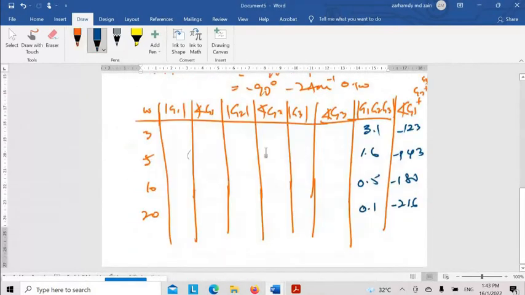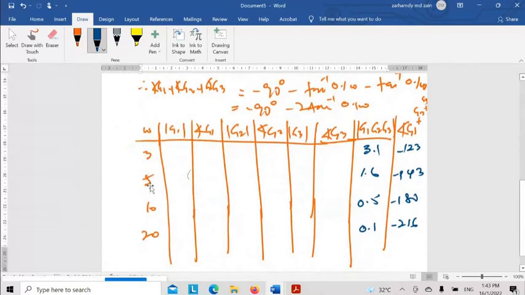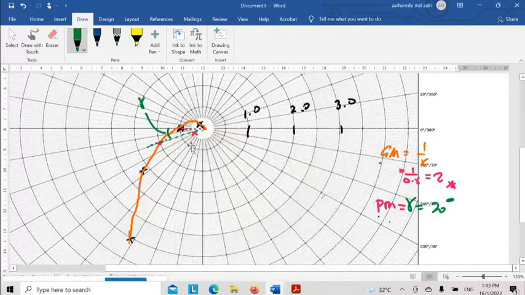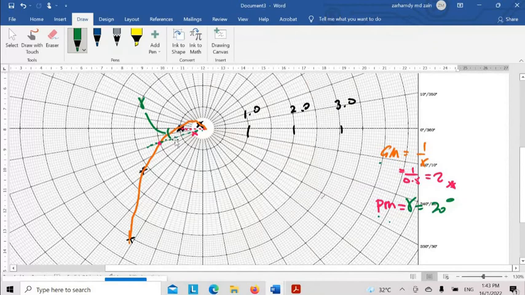Jadi based on ni lah, we have 3, 5, 10, you will get. Selalunya kita akan dapat tahu kat mana dia berada. Okay, but it's not critical because of what you have done here. Once you have the sketching of the Nyquist, you will know, ataupun you dah tahu dah, exactly where is the X and what is the approximate angle of gamma.